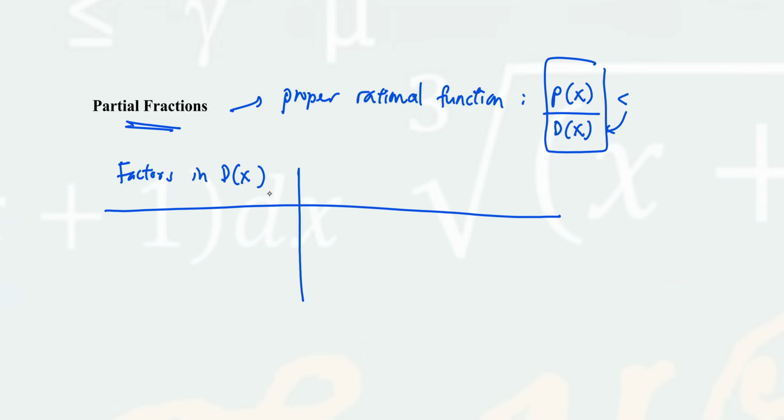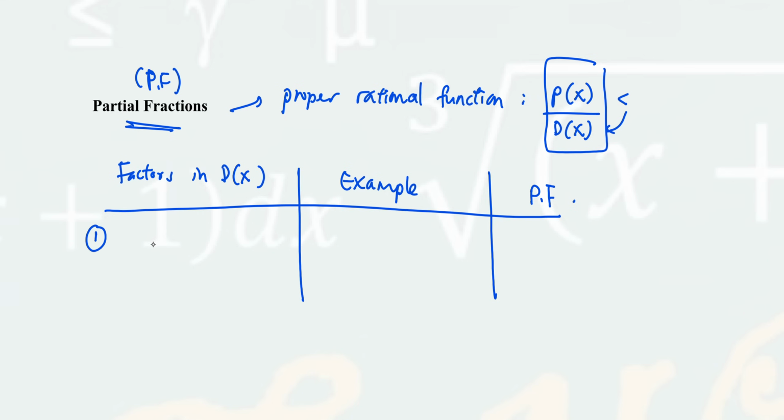This is a divisor and it is the denominator in your rational function. Let's say this is the example for the factors of d(x), and this will be the corresponding partial fractions. So I use PF to represent partial fractions.